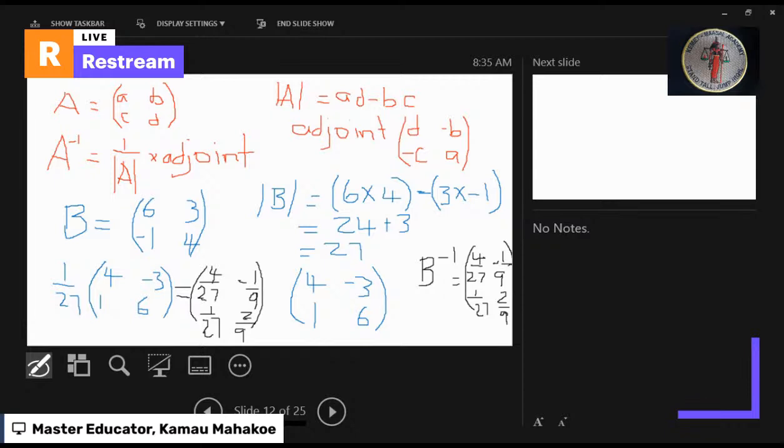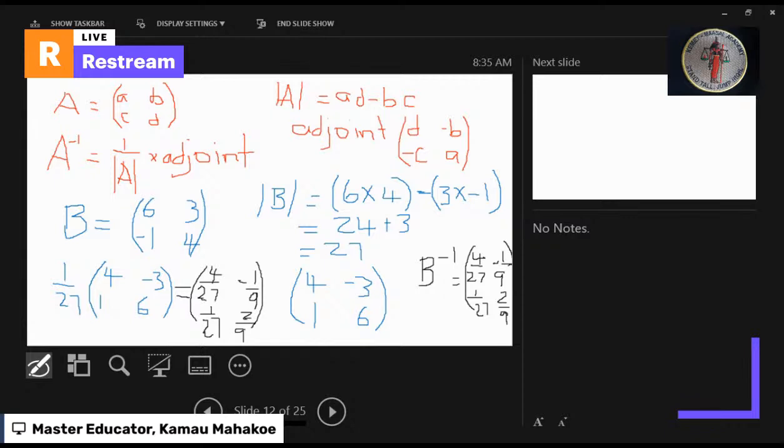So what we did, we were given matrix B, and it is 6, 3, negative 1, 4. We were asked to find the inverse of that matrix.